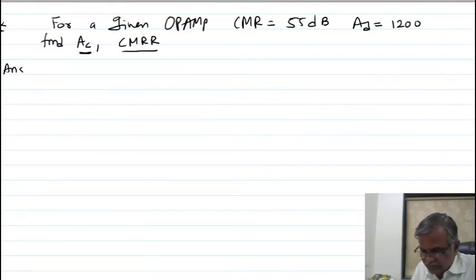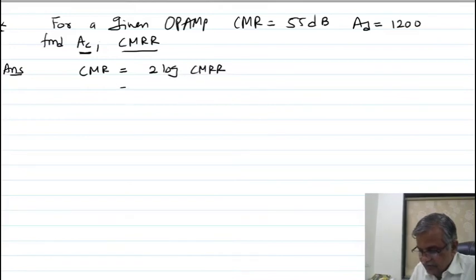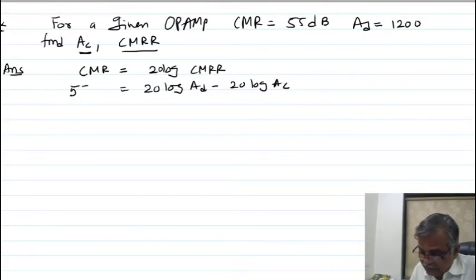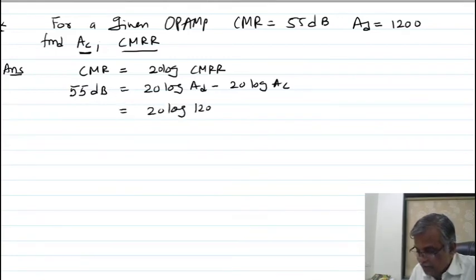It's very simple. CMR is 20 log AD minus 20 log AC. This is 55 dB, so 20 log of 1200, which they have given, minus 20 log AC.